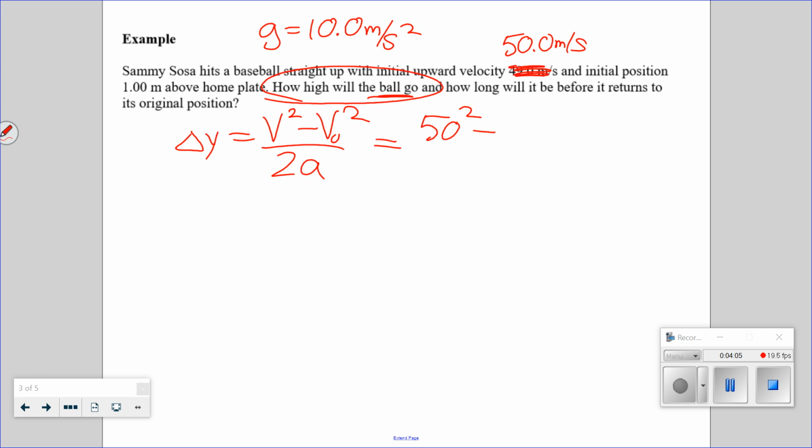Oh, it's flipped, I'm sorry. Of course 50 is initial. Come on. Over 2 times negative 10. 50's up. It gets squared, then multiplied by negative 1. 2 is down. Okay, so 2,500 over 20, 125.